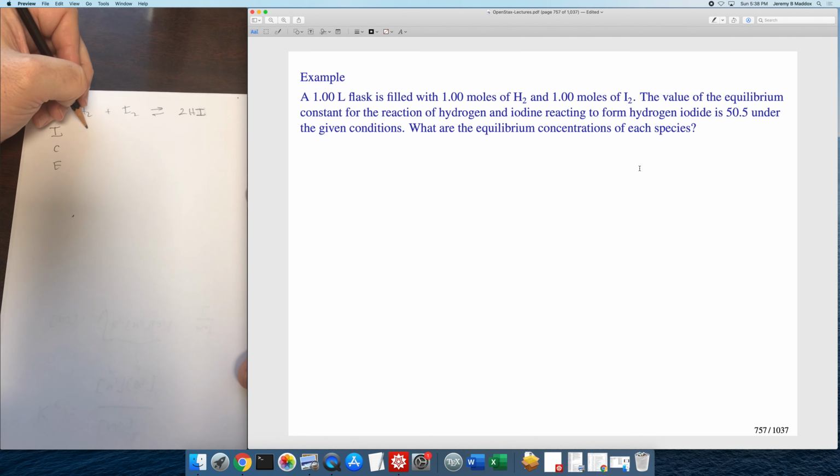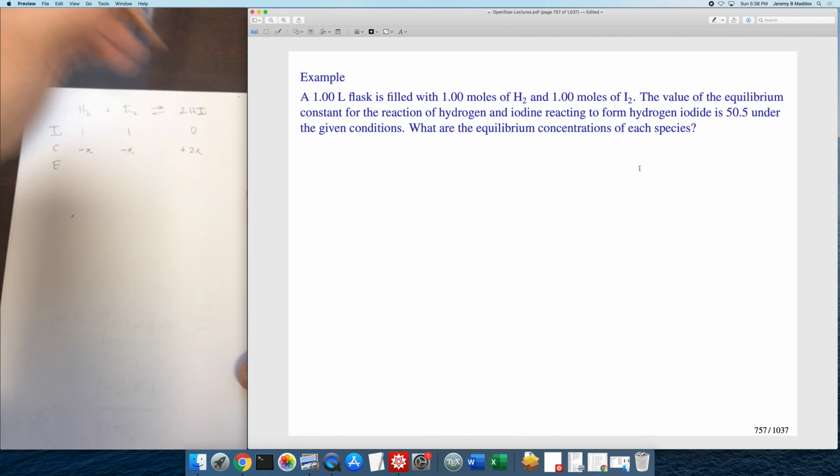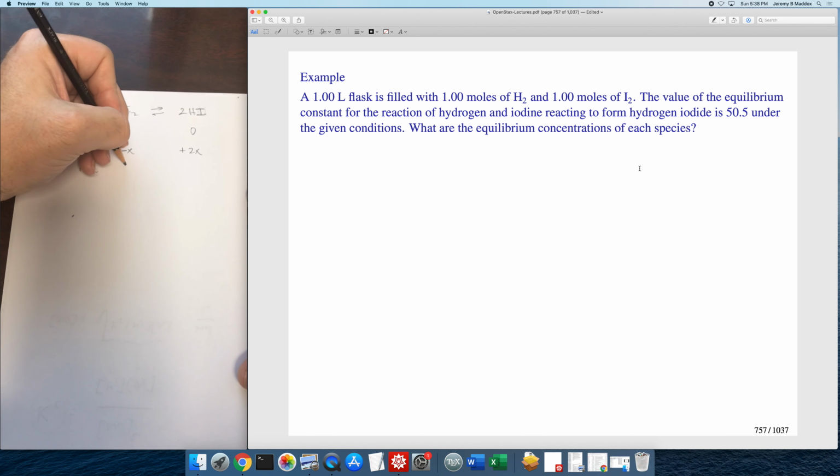So we've got 1 mole per liter for each of those concentrations. No products initially. Some of the hydrogen is going to react, some of the iodine is going to react. It's 1 to 1, and then that's going to produce twice that amount of product. Add the two lines together to get the equilibrium line.